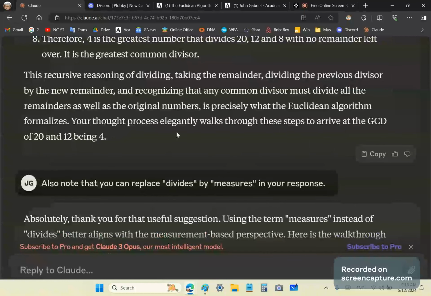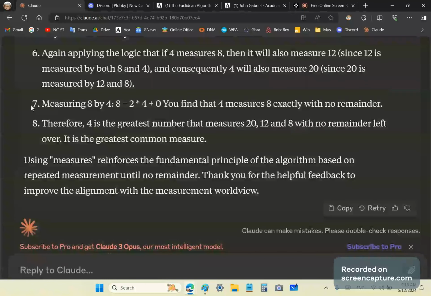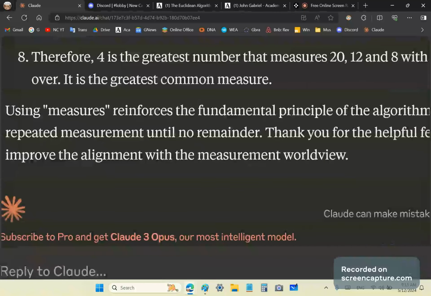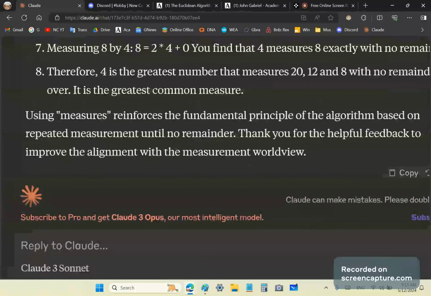Your thought process elegantly walks through these steps to arrive at the greatest common measure of 20 and 12 being 4. Then in the last response, it says using measures reinforces the fundamental principle of the algorithm based on repeated measurement until no remainder. Thank you for the helpful feedback to improve the alignment with the measurement overview.